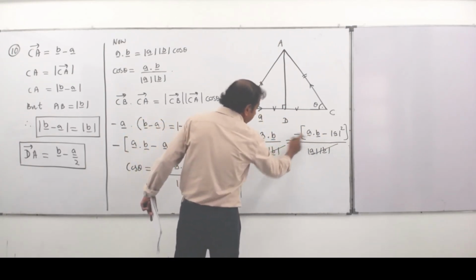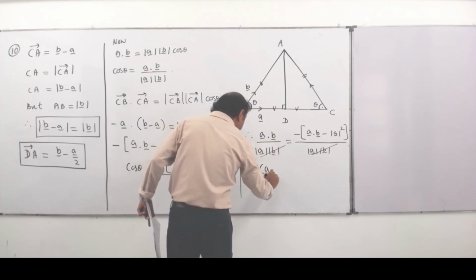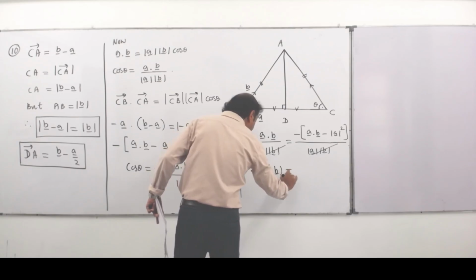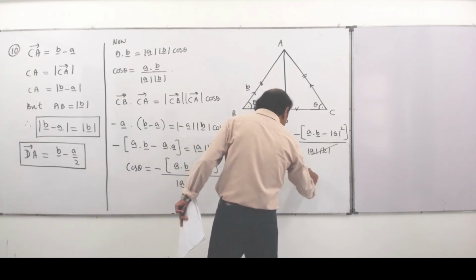Take this to this side, people. That will be plus A dot B plus A dot B. What is that? 2 times A dot B equals, here what do you get? Mod A square.